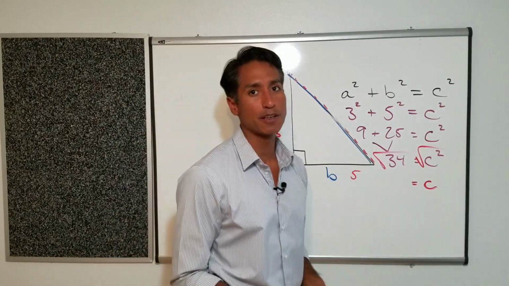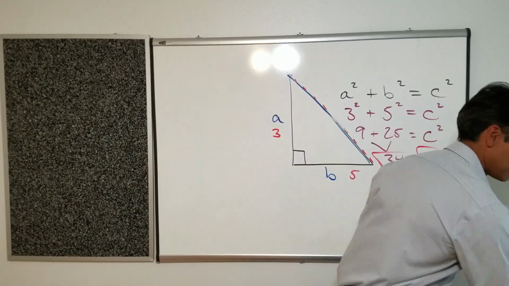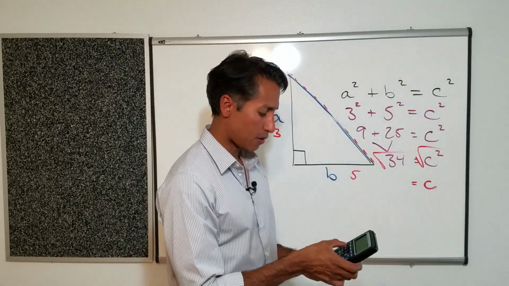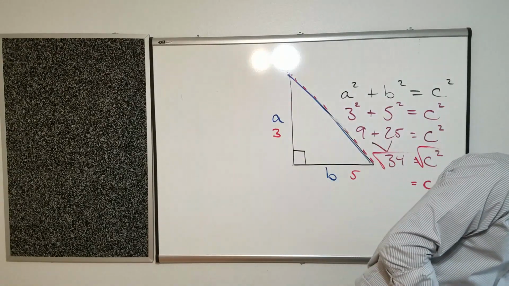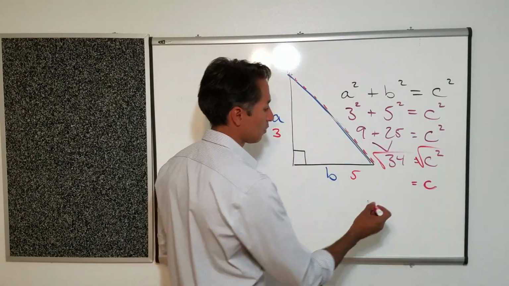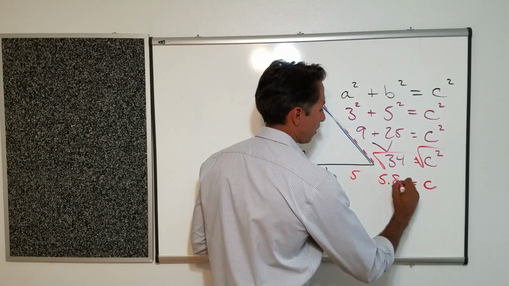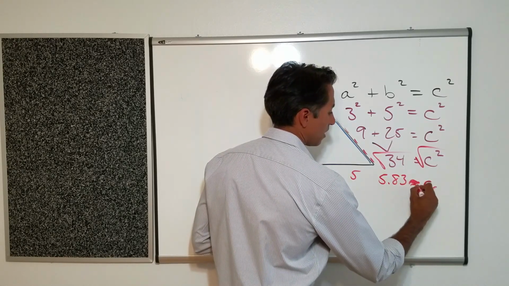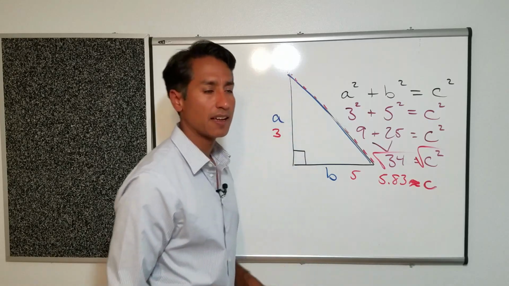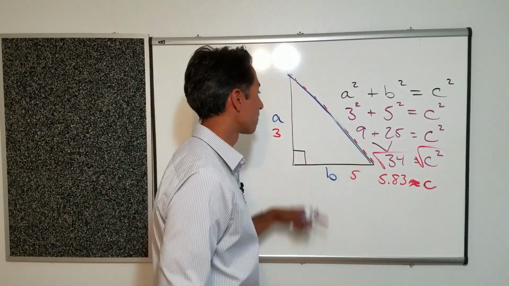You could do that a couple different ways, but let's just do it calculator style for now. The square root of 34 is 5.83. So we can say 5.83, and we could even do squiggly equals, which means approximately, because it's not exact.